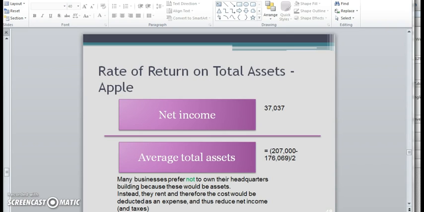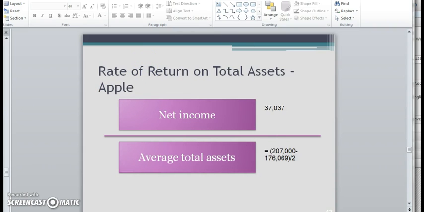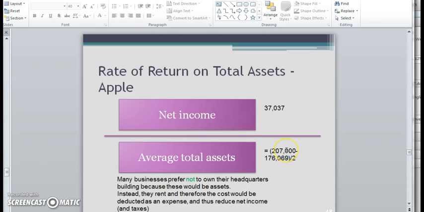If you've got total net assets which are large, then you've got a denominator which is pretty large, so the number you get will be small compared to a company where the average total assets is smaller, right?